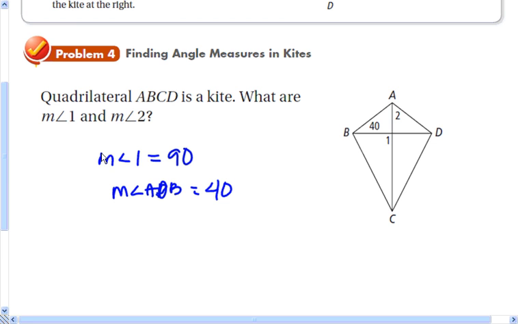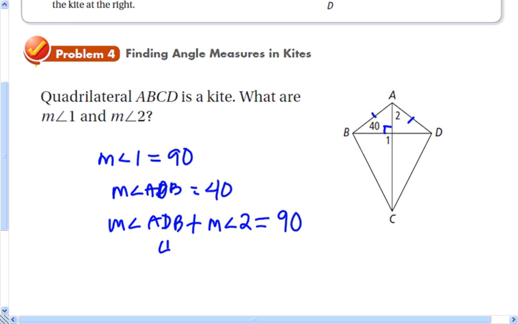And that's because these are congruent, so that's an isosceles triangle, and by the isosceles triangle theorem, the base angles are congruent. And so the measure of angle ADB plus the measure of angle 2 is equal to 90, and that's because this is a 90-degree angle, so the triangle exterior angle theorem tells us that the opposite angles add up to that angle.